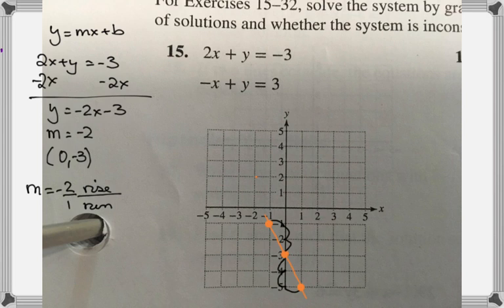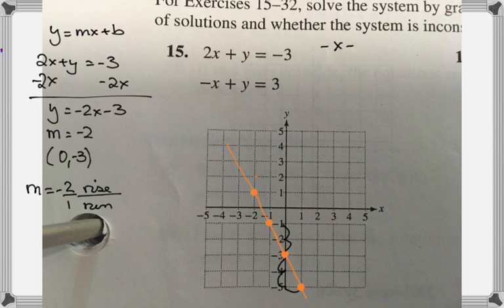Well, that's what I did wrong here. I went up 3, it's only 2. Slope is 2 over 1, so here we go. Up 2 over 1. There's our first line.